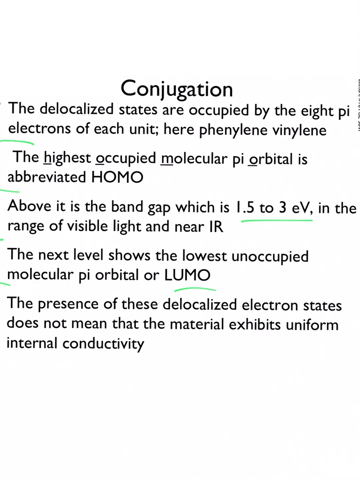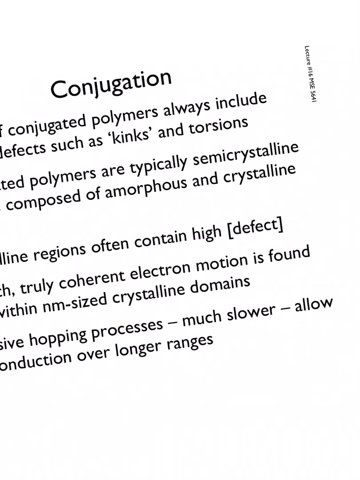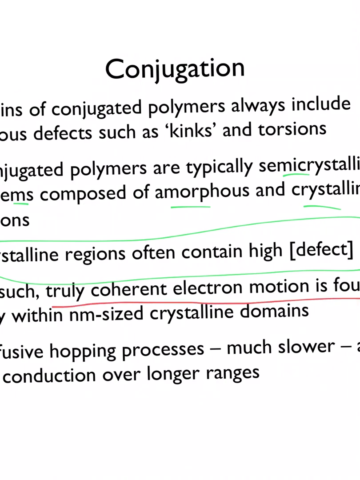And that's all well and good. We don't actually get uniform behavior because these are polymers, and they behave like polymers do. They have various kinks in them. They're not nicely aligned polymer chains because of entropy. Entropy doesn't like that, and these polymers are also slaves to entropy. So these are typically semi-crystalline systems that have both amorphous and crystalline material. Crystalline regions often have high defects. However, the kicker here is that truly coherent electron motion is found only within these tiny crystalline domains.